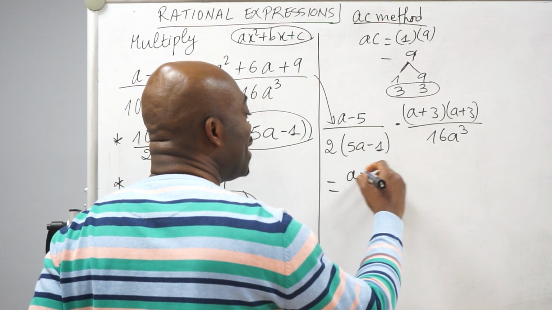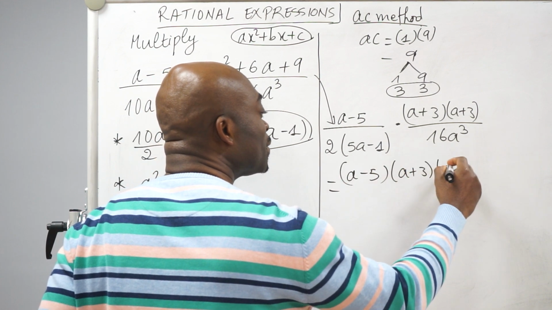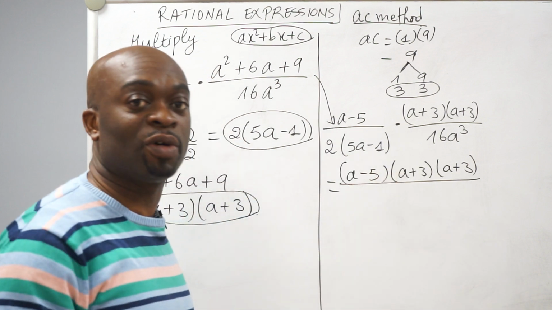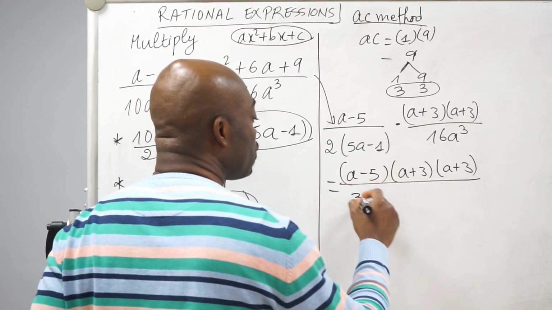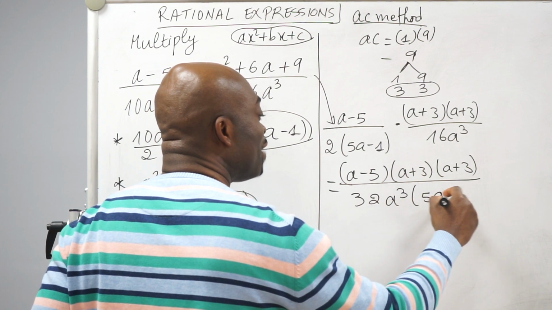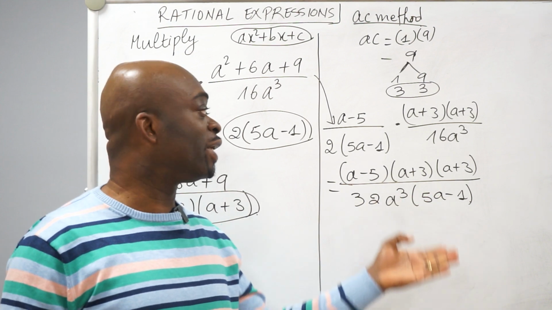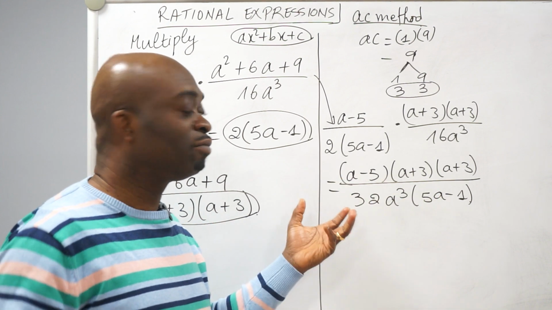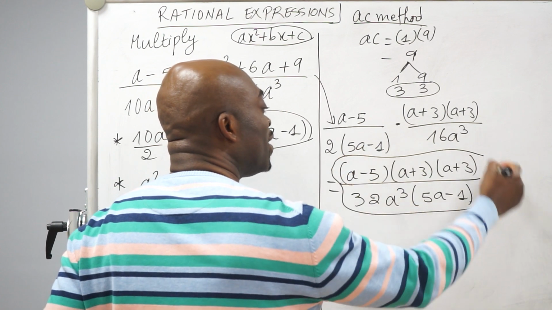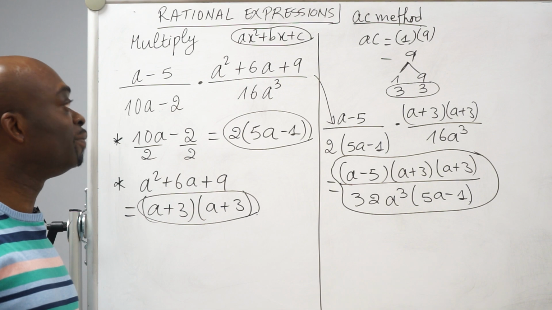It's going to give us (a minus 5) times (a plus 3) times (a plus 3) over, 2 times 16 gives us 32, a to the third power, times (5a minus 1). There's nothing that we can simplify here. And this, ladies and gentlemen, is our final answer. So this is what we have, and we're good.